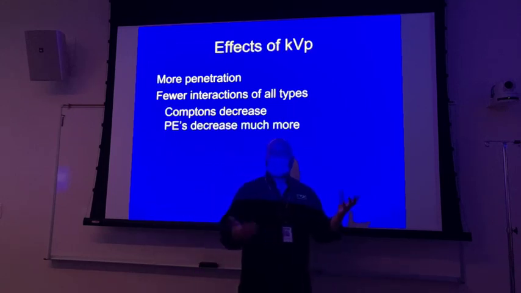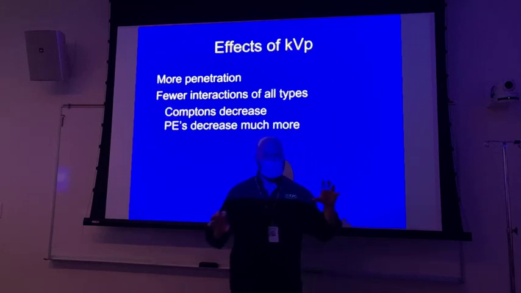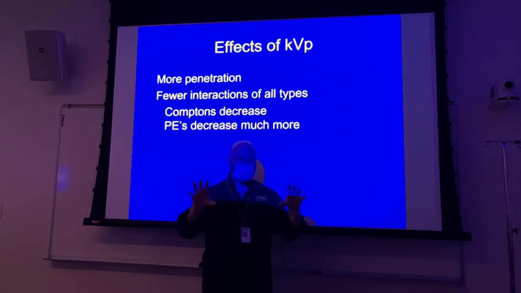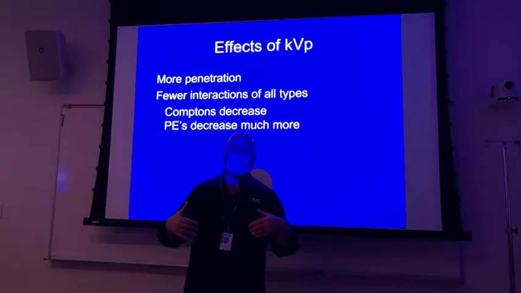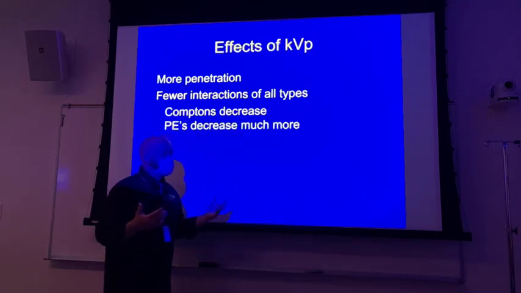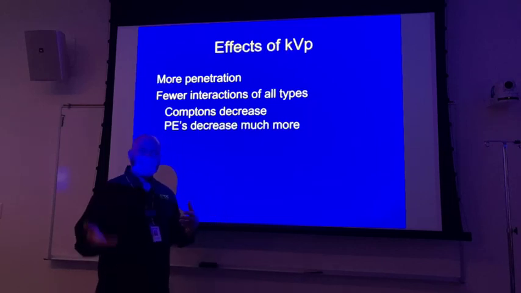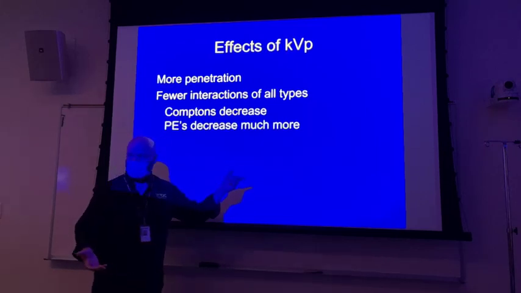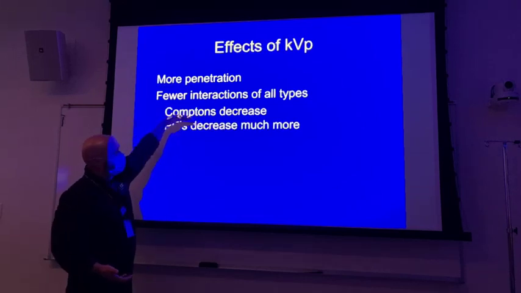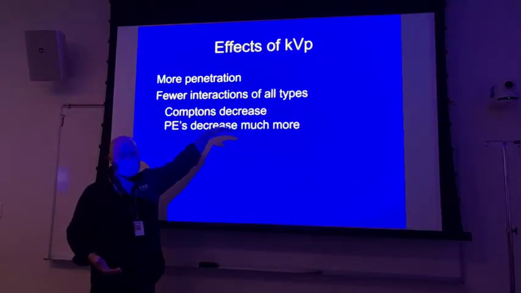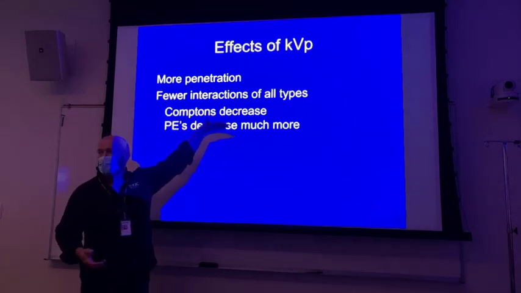And what that means is your penetration has to account for the rest of that. So all of your true interactions decrease and penetration increases, but even though we get a decrease in Comptons, the decrease in photoelectrics occurs at a much higher rate.